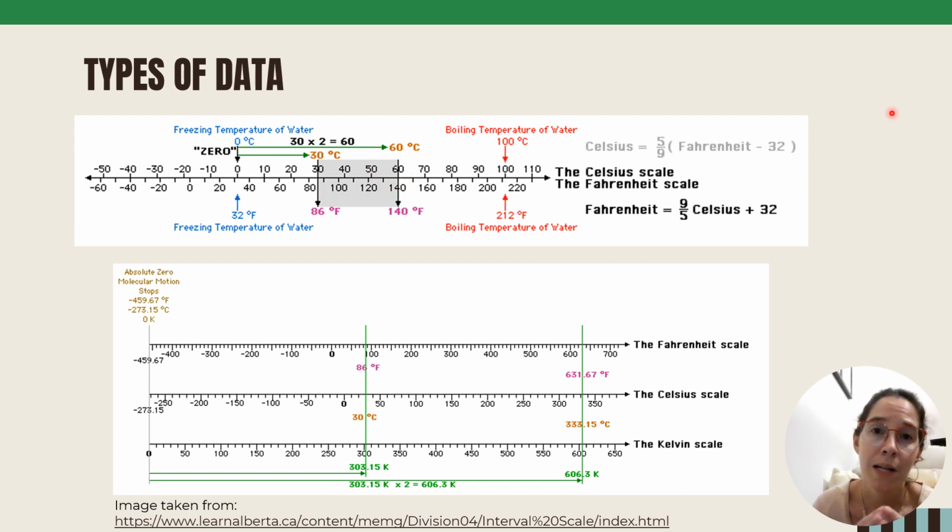So if you are really interested in knowing the exact double temperature of heat of 30 Celsius degrees, you need to resort to a ratio scale.